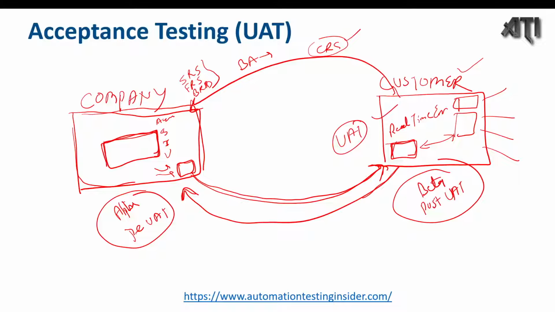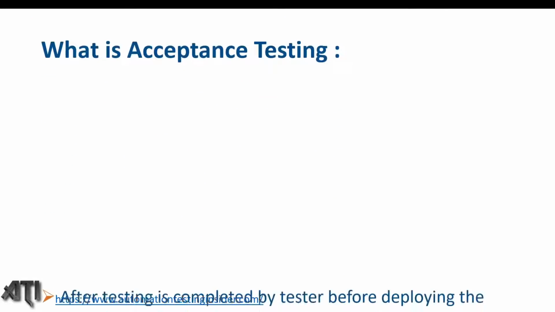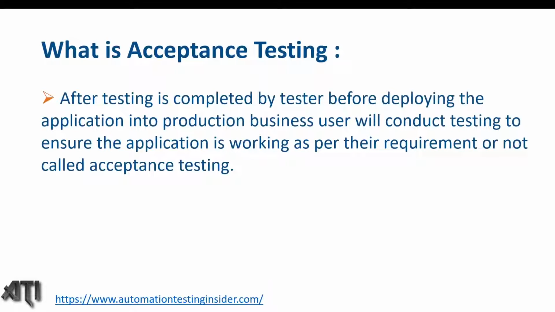Now let's talk about the theoretical stuff, what alpha testing is exactly, and what the different advantages of alpha and beta testing are. So let's move on to the next slide. After testing is completed by the tester, before deploying the application into production, the business user will conduct testing to ensure the application is working as per their requirements or not. This is called acceptance testing, which we have discussed.